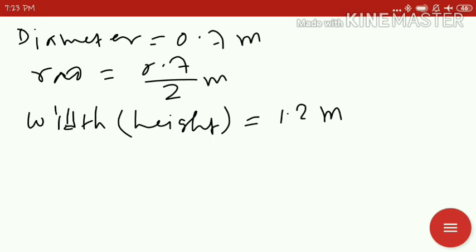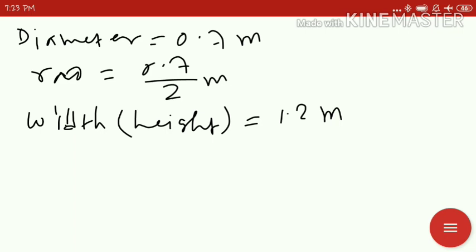That means the approximate number of revolutions, how many times we have to revolve the roller to cover the whole field. That means we first need to find the curved surface area, how much area the roller covers in one complete rotation.